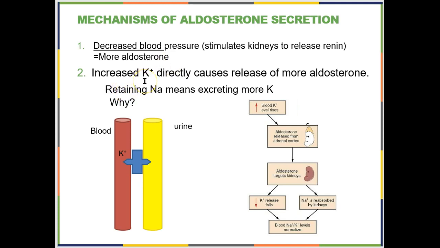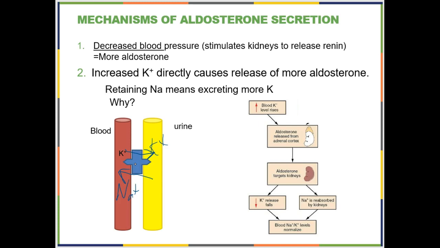Next up then is increased potassium in the bloodstream. So here, if you've got a lot of potassium in the bloodstream and you're going to move potassium into the urine, because this is a sodium-potassium ATPase, sodium gets pumped that way. So this is what aldosterone is affecting: it's turning on this sodium-potassium pump and bringing sodium back into the bloodstream and getting rid of potassium.